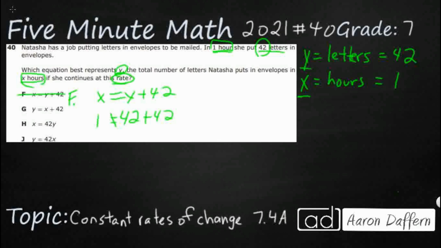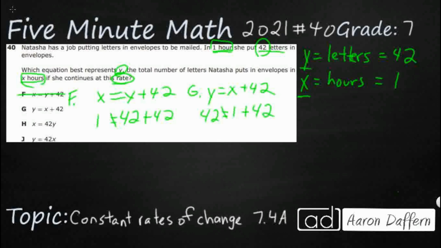Let's check our G. So they flip the y and the x. Y equals x plus 42. And so let's try our y of 42 equals our x of 1. Oh, we're so close. I mean, 42 does not equal 43, but it's a lot closer.